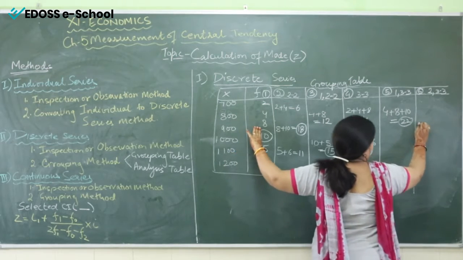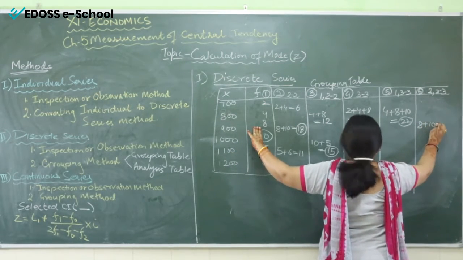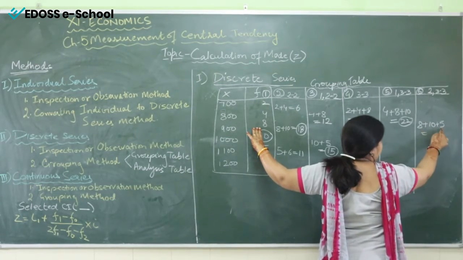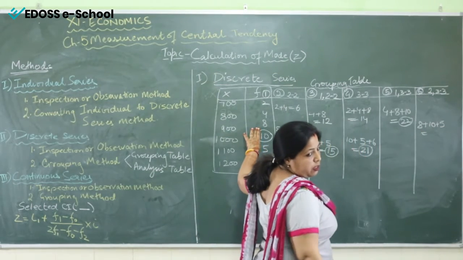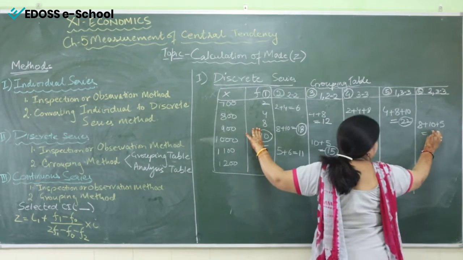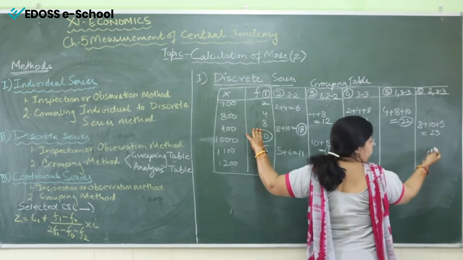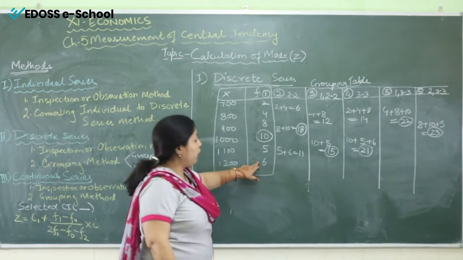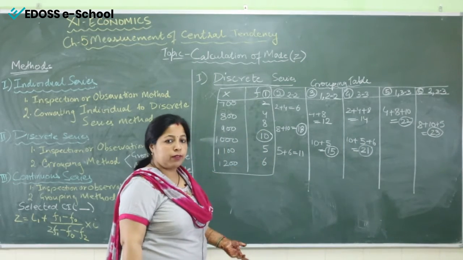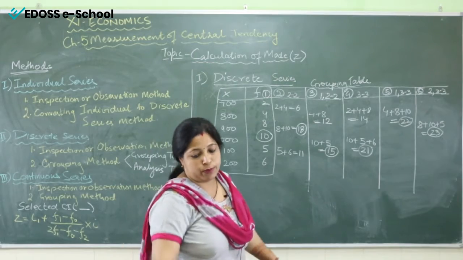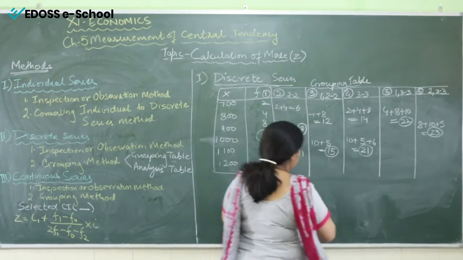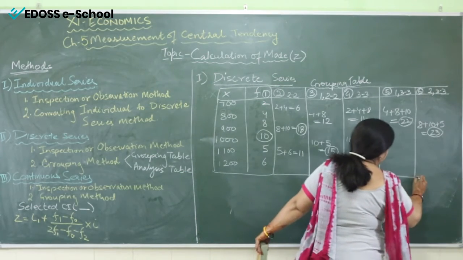So here we will write 8 plus 10 plus 5. So this is 18, 18 plus 5, 18, 19, 20, 23. So it is the individual number, we will circle it out. Here only one remains, na? So we will leave it. So these are the groups we have framed out. So this is the grouping table. This is the grouping table we have created.